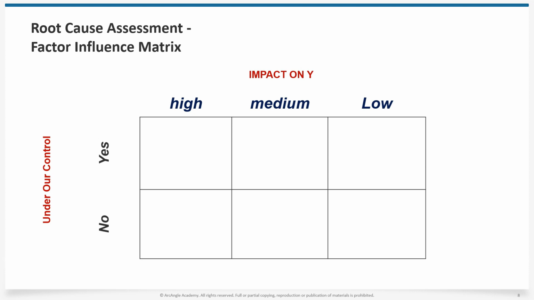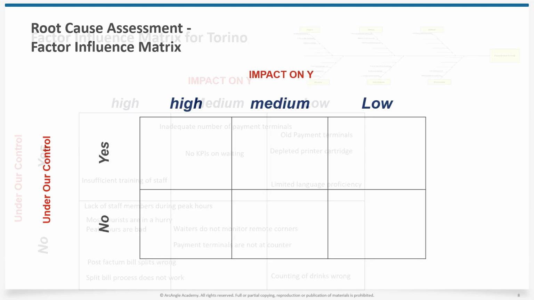The second dimension, impact on Y, has 3 categories: high, medium, and low. This dimension evaluates the impact of each root cause on the desired outcome or metric, represented as Y. The impact can be classified as high, medium, or low, depending on the extent to which the root cause affects the target metric.